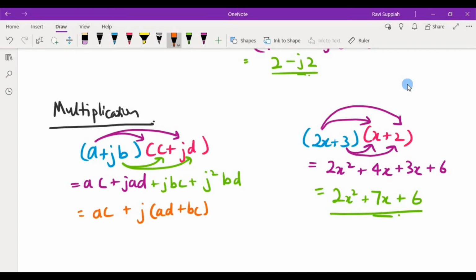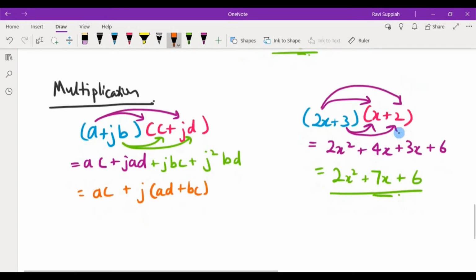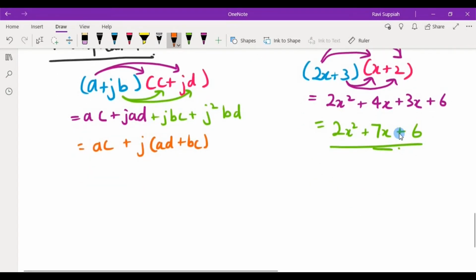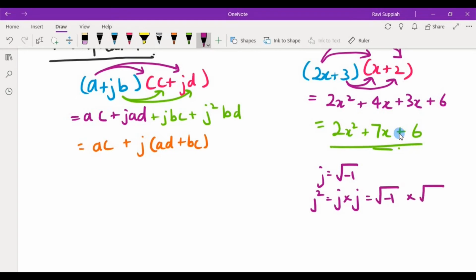Now this is something new that we're going to deal with. What is j squared? Now let's come and explore this a bit. We know that j is the square root of minus 1. So j squared is j multiplied by j, which is square root of minus 1 times square root of minus 1.